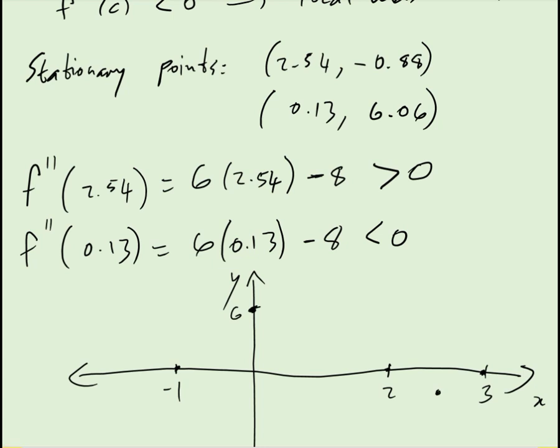And we did predict that this would be a local minimum, and we see it here, it's a local minimum. And then the other stationary point, where x is 0.13 and y is 6.06, is about there. And we can see from the calculus that this is a local maximum.